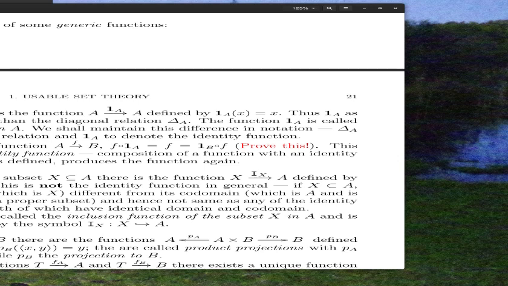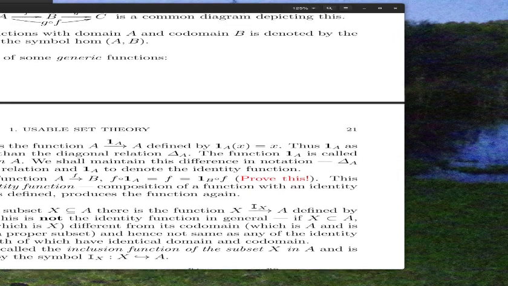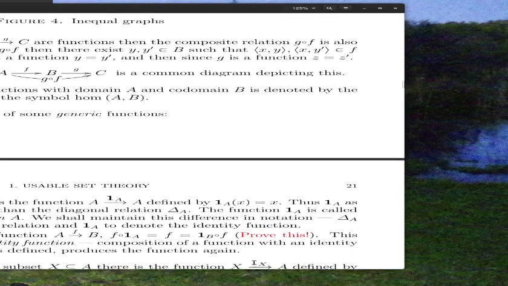Now, someone asked me a question about f composed with 1_A. So, prove this: f composed with 1_A is f, and 1_B composed with f is f. Any questions about that? Not on my side. Okay.